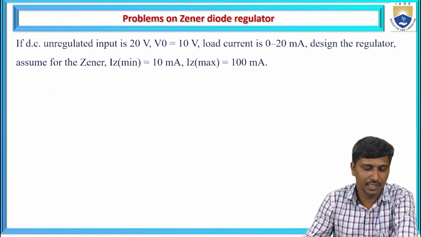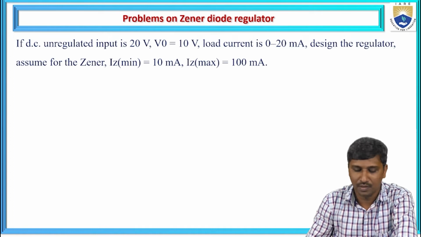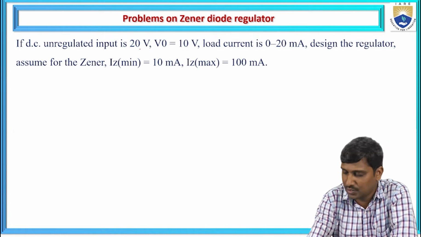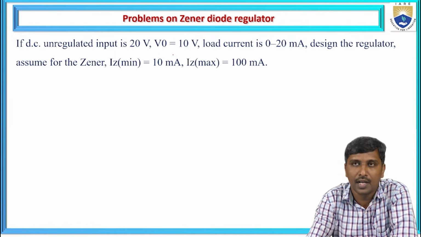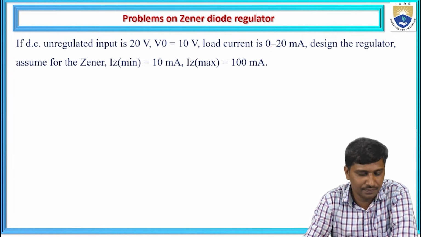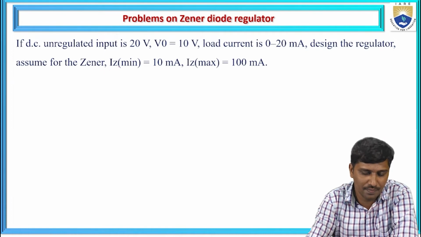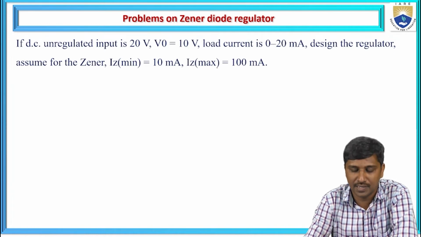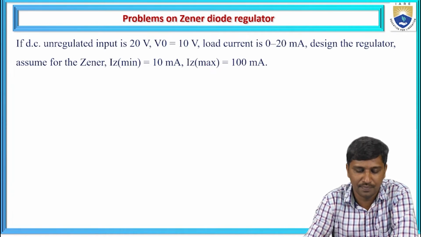Now we'll see another problem. If the DC unregulated input is 20 volts and the output voltage is 10 volts, with load current of 0 to 20 milliamperes, design the regulator. Assume for the Zener that IZ minimum is 10 milliamperes and IZ maximum is 100 milliamperes.